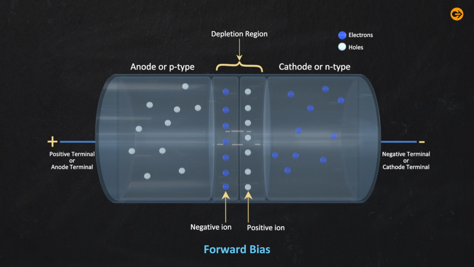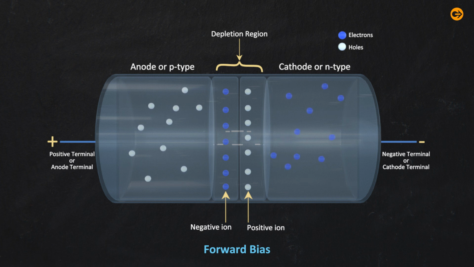The cathode is a negatively charged electrode. It supplies free electrons to the device. The free electrons travel and get absorbed at the anode terminal. We know the free electrons are attracted towards the anode, or the positive terminal, while the holes are attracted to the cathode, or negative terminal.